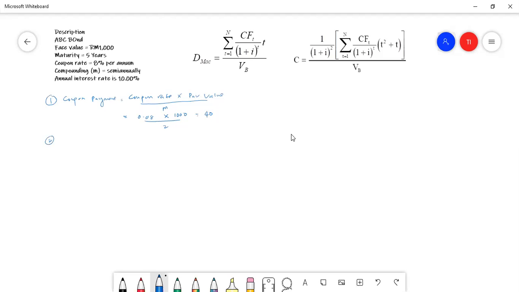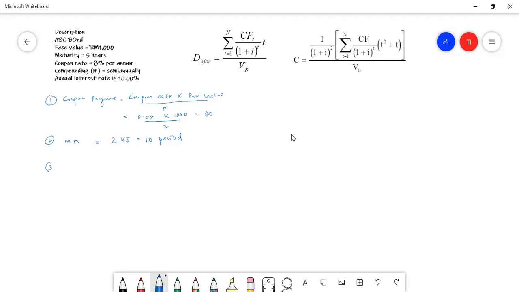Second, we know that the maturity is 5 years, but it's semi-annual, so m multiplied by n, 2 multiplied by 5, you have 10 periods. So 10 periods is equal to 5 years, but it's compounded twice per year.